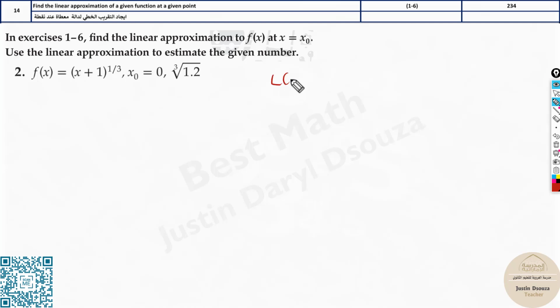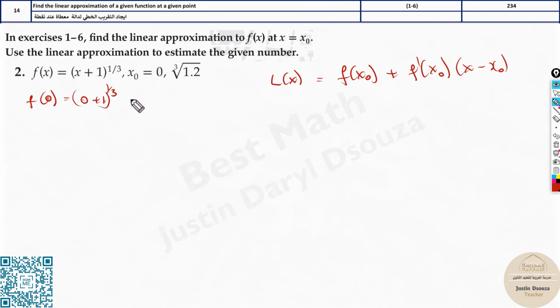That's the first thing. Remember, the linear approximation of x is f of x naught, whatever is given, plus the derivative at x naught multiplied with x minus x naught. This is it. So now first let's solve. What is x naught? 0. So it'll be 0 plus 1, the whole power 1/3. 0 plus 1 is 1, and 1 to the power 1/3 is 1 itself.